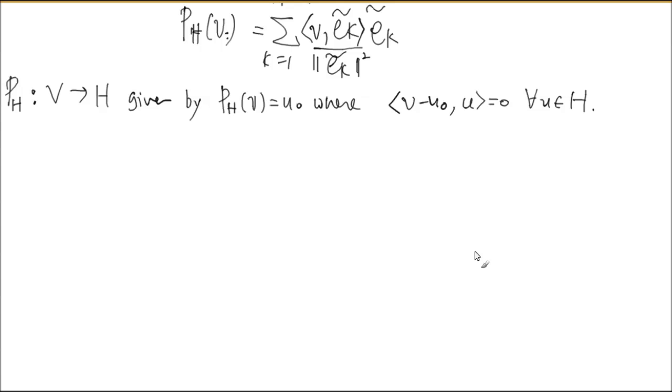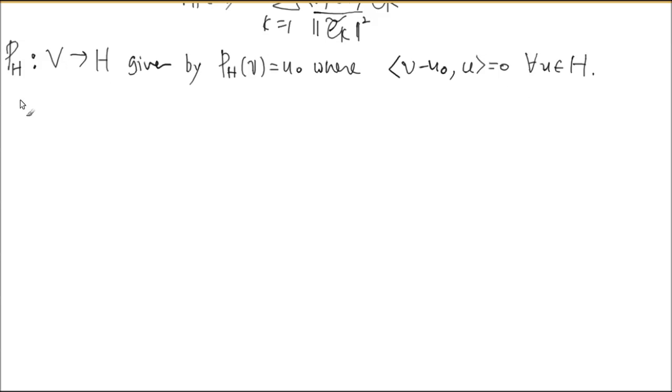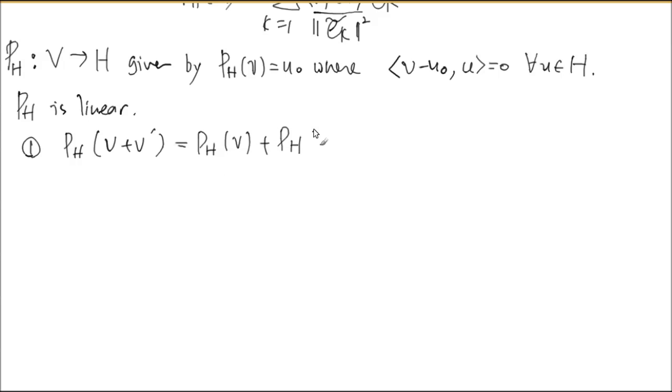So that's the definition. Then I asked you to prove PH is what? Linear. Remember that? That was the homework problem. Let's see how it goes. All right, what are the two things that you're supposed to prove for linearity? PH of V plus V prime must be PH V plus PH V prime. Is that right? That's what you have to show.